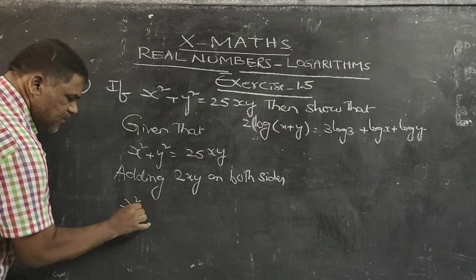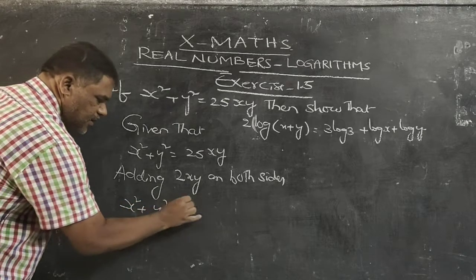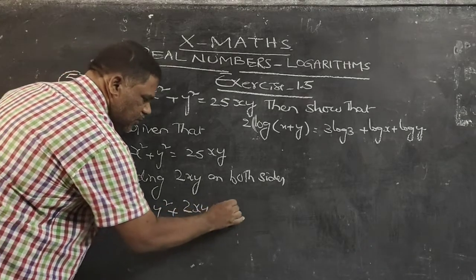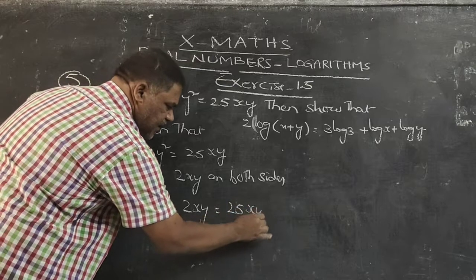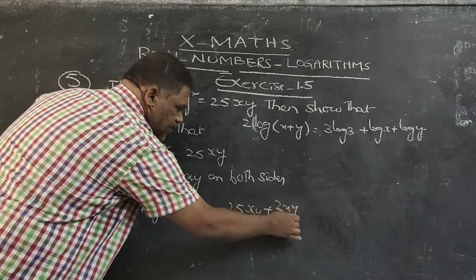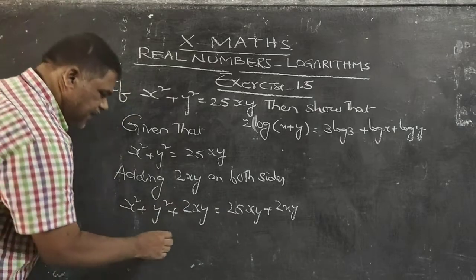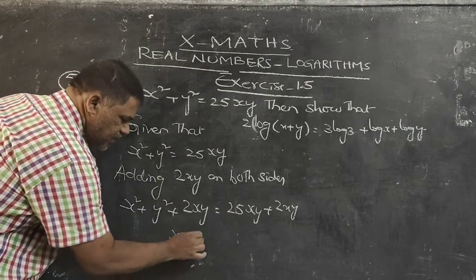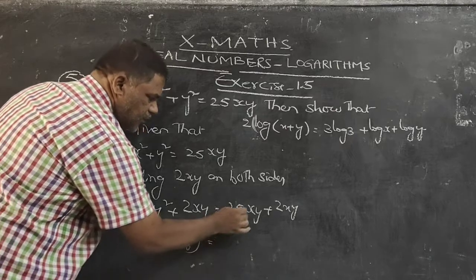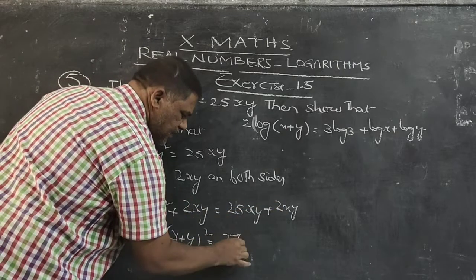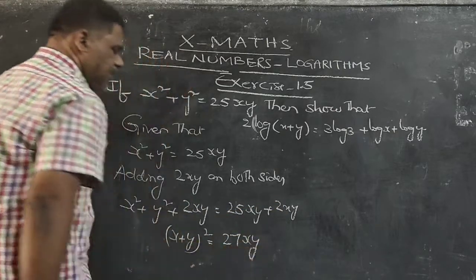So it is x square plus y square plus 2xy is equal to 25xy plus 2xy. a square plus b square plus 2ab is (a plus b) whole square. 25xy plus 2xy is 27xy.